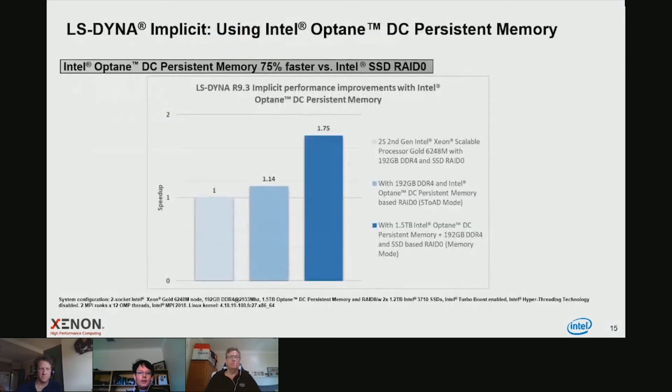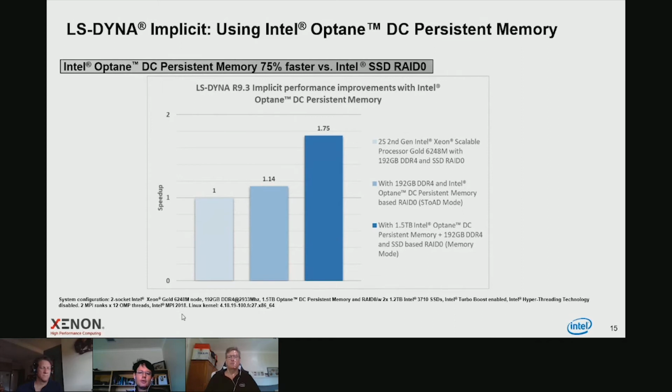So LS-DYNA was benchmarked here using Intel Optane persistent memory technology on a 2-socket system. You can see the detailed specs on the bottom, probably just to highlight, it was using Intel Xeon Gold 6248M CPUs. And so you see the 2 here, as Peter referred to, these were Cascade Lake CPUs, which therefore support Intel Optane persistent memory.